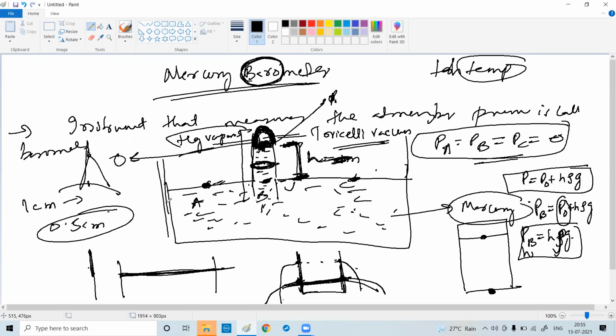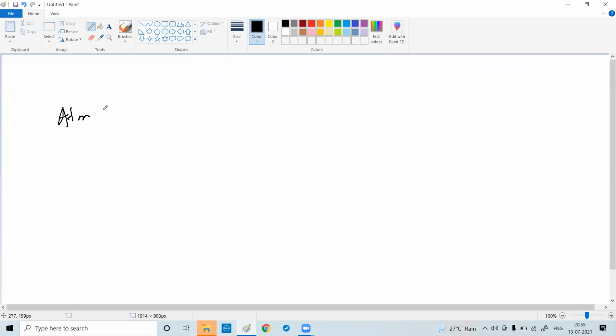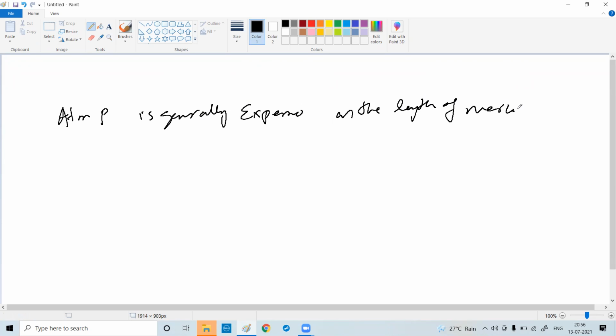Is it clear to all? Yes. So write down: the atmospheric pressure is generally expressed as the length of the mercury column in a mercury barometer.